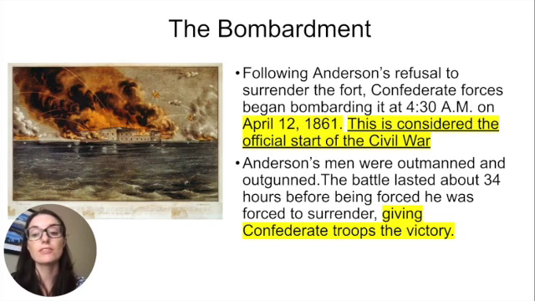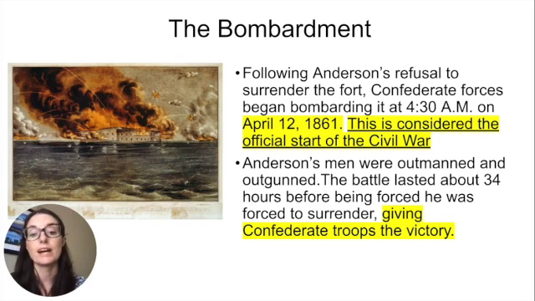So because they refused to surrender and refused to turn the fort back over to South Carolina, South Carolina's Confederate forces began firing upon the Union soldiers at Fort Sumter. They began sending bombs, shooting cannons, things like that.